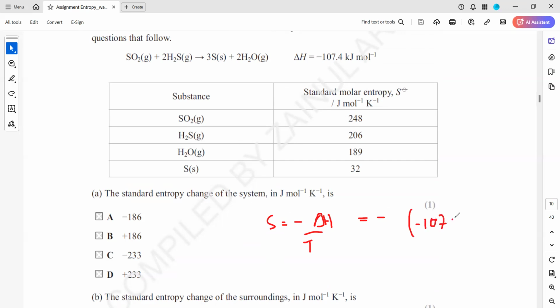But that is in kilojoules. We have to convert into joules. And at what temperature is it done? At 25, so 298.